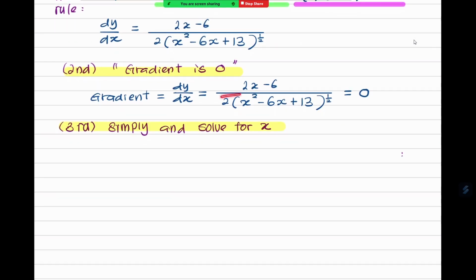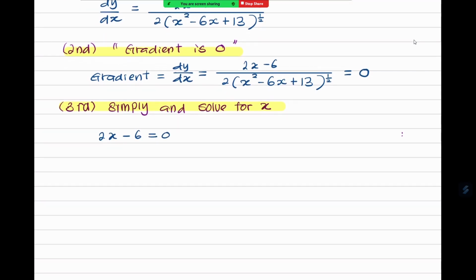This looks a little intimidating, some big huge statement, but if we just cross multiply, multiply by 0, everything will be reduced to 0. That's good news, right? Something very complicated has now become 0, and that gives you 2x minus 6 equals 0.